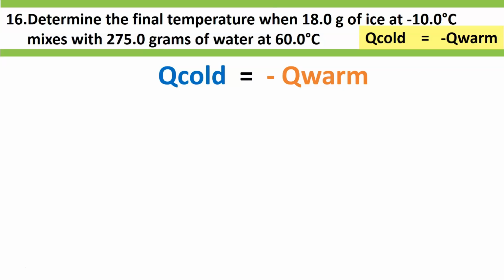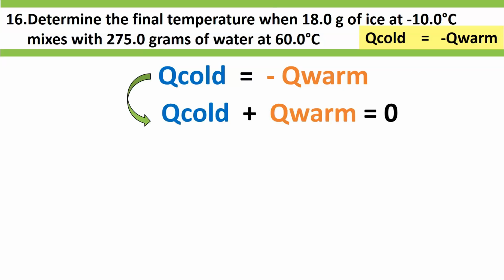If you have Q cold equals negative Q warm, and you add Q warm to each side, you're going to end up with this, aren't you? I don't know if you remember from algebra, when you were trying to solve quadratic equations, how you tried to get it so that 0 was on one side? That's the same thing we're doing.